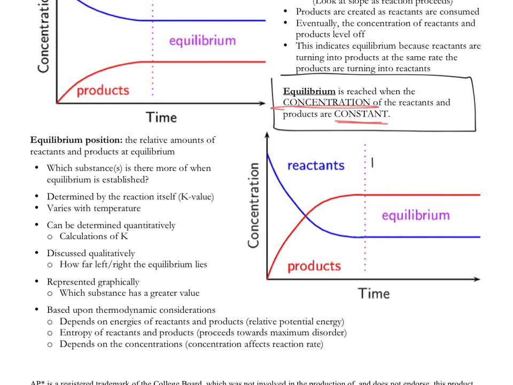With a general reaction, here is reactants making products. If I have a lot of products, like this one would say, I would say the equilibrium lies to the right. I have more products, and the products are on the right side of my chemical reaction.